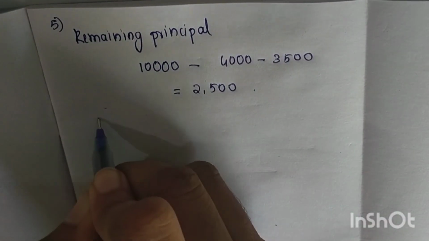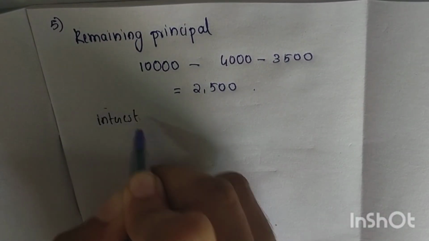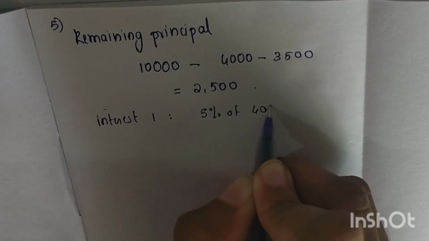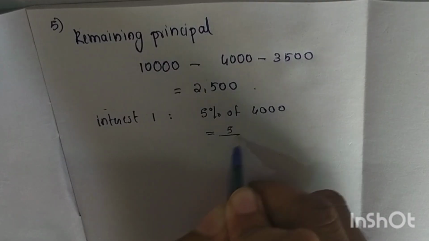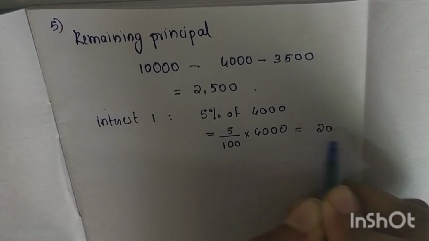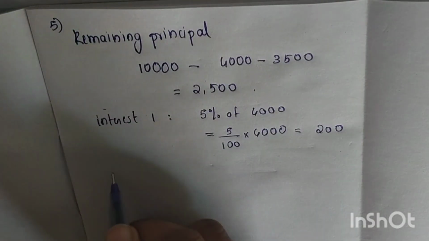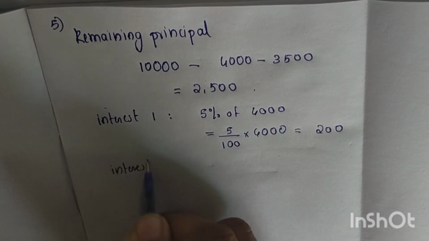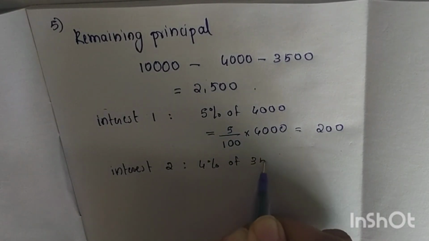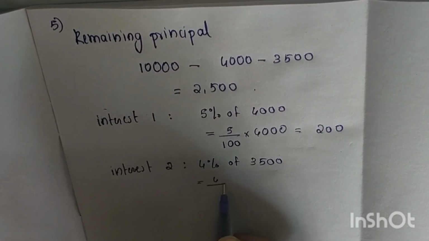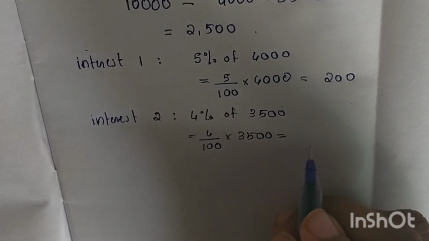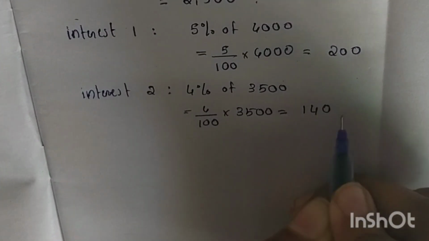For interest 1, that is for the first investment, he has 5% of 4,000, which is 200. For interest 2, we have 4% of 3,500, which by 100 is 140.